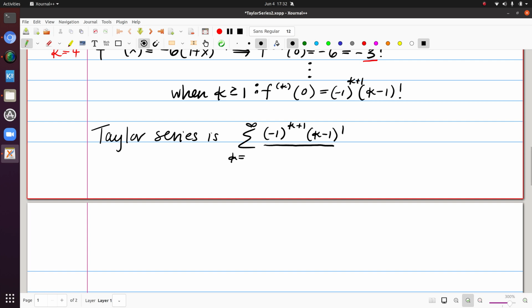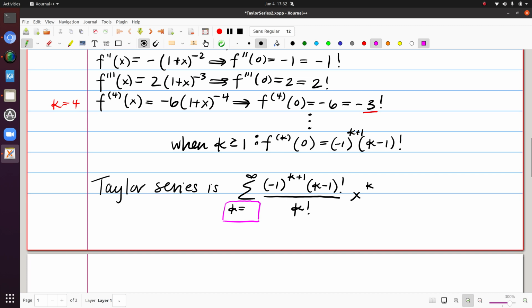We divide by k factorial, and we multiply by x to the k. You'll notice that I paused here because remember that this pattern we found was only true for k greater than or equal to 1. So while the definition does require that I put 0 there, I'm actually going to write 1.